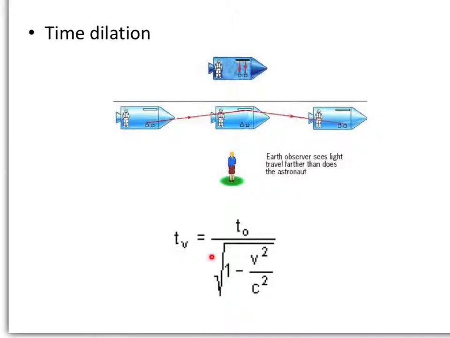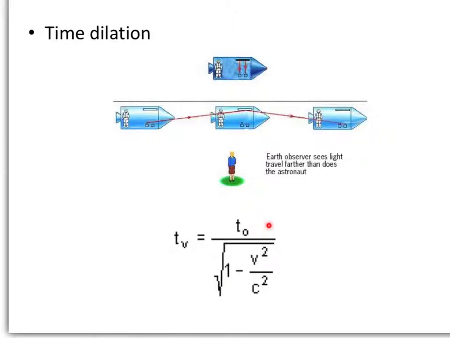That makes t_v and t_0 the same thing, no time dilation. On the other hand, when v is some value, then this ratio becomes some number. When you subtract it from 1 and take the square root, that's going to make the denominator here some number less than 1. That's going to make this time actually larger than the proper time.